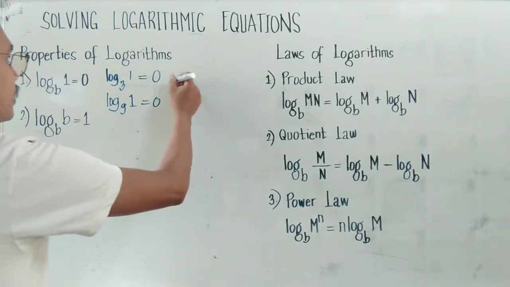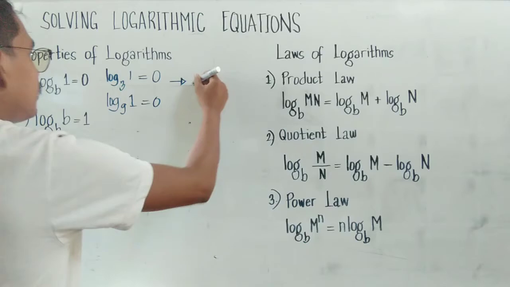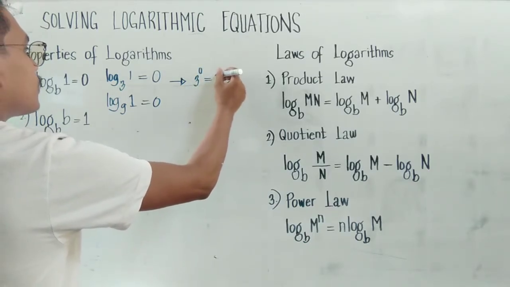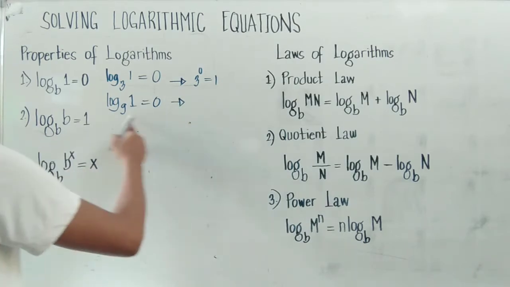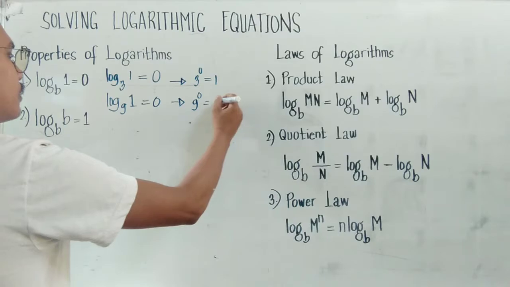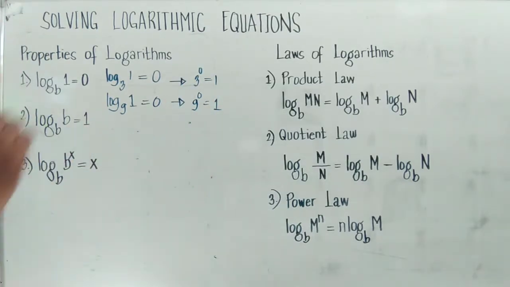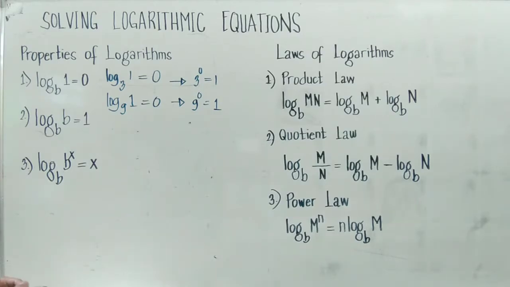If we write it in exponential form, we have 3 raised to 0 equal to 1, and 9 raised to 0 is, of course, 1. Any number raised to 0 is equal to 1, except 0.